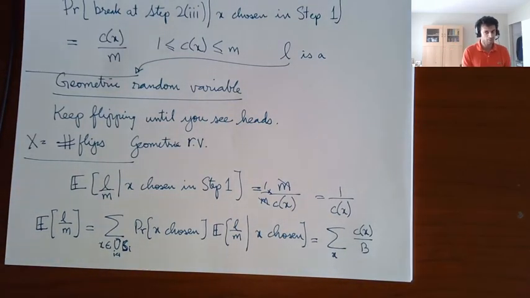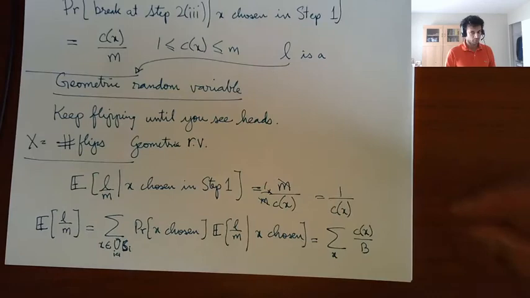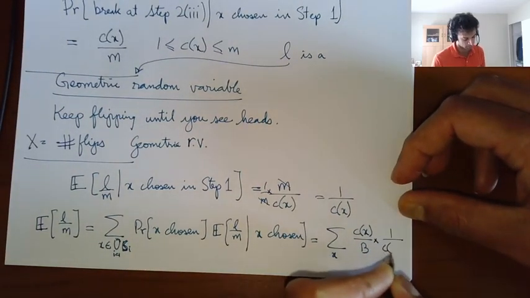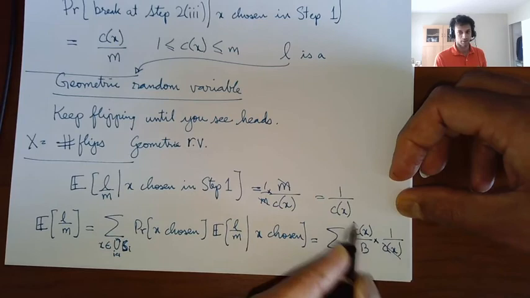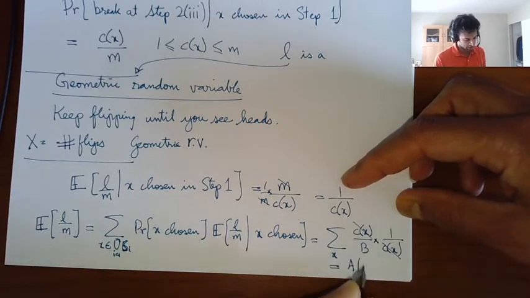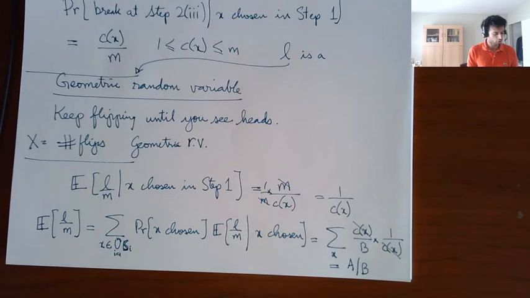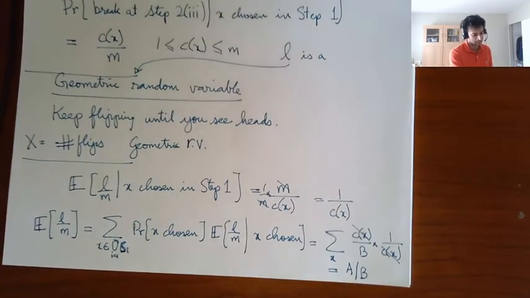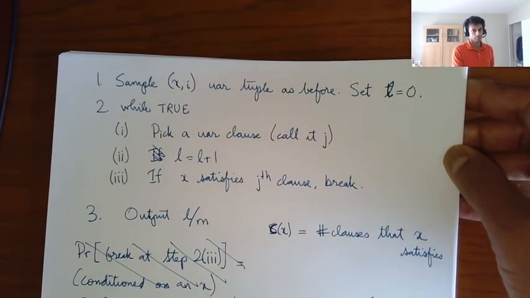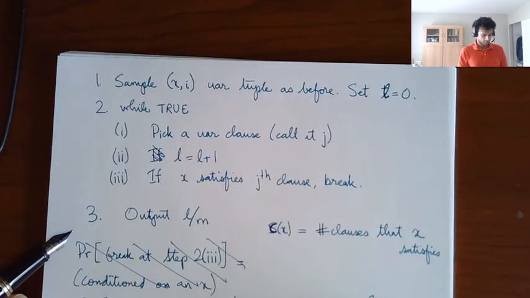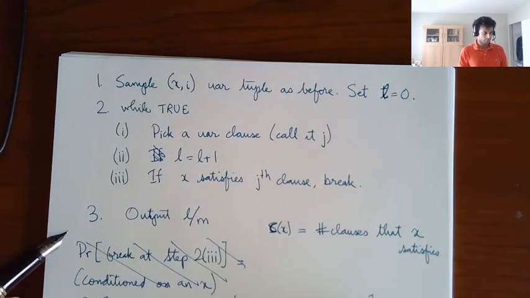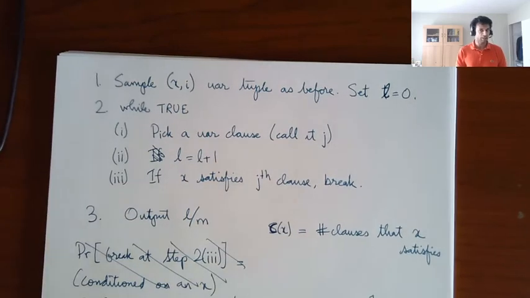Because the more clauses it satisfies, the more likely it is to be chosen. Times 1 divided by Cx, and they cancel out to give you exactly a divided by b. So you're right, the expectation of this is exactly a divided by b. It's a different algorithm. I still haven't told you how this is going to lead to a more efficient algorithm.